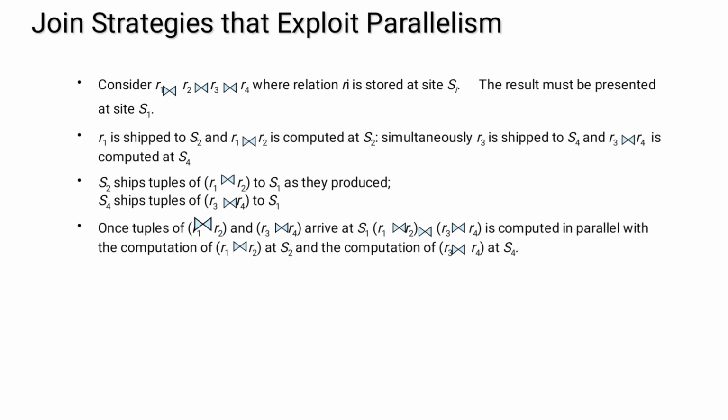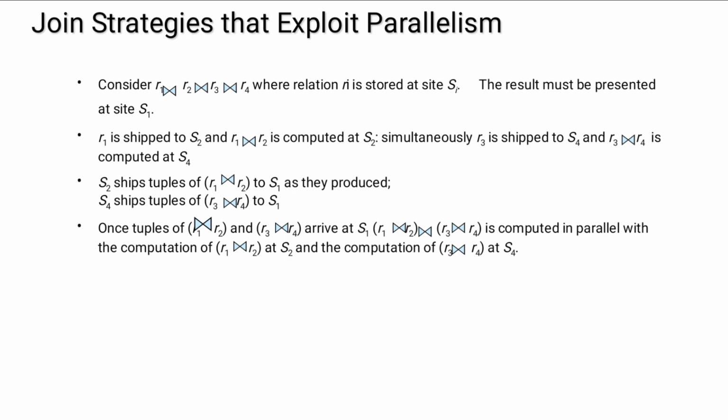These join strategies will also exploit parallelism. What if 4 relations are joined, and we take the result at site 1 by shipping in different ways? Here in this situation, R1 is shipped to S2, and R1 join R2 is computed at S2. Simultaneously, R3 is shipped to S4, and R3 join R4 is computed at S4.